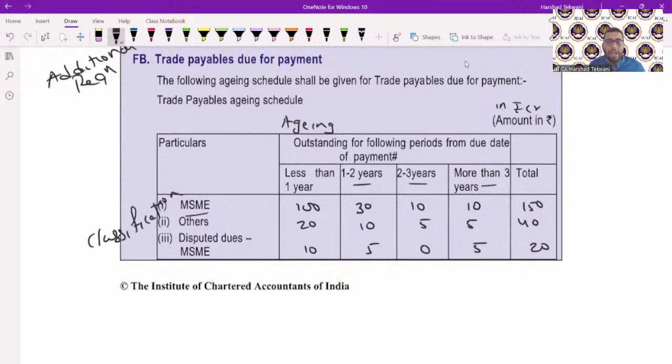This will not only provide details about this particular MSME, but it will also provide details about your cash flow. Cash flow means how well you are paying your creditors, or whether you are holding your creditors for a very long time. That is something they will understand from here. Number two, it will also help us understand, say, for more than 3 years you have not paid any amount, the law of limitation will apply.